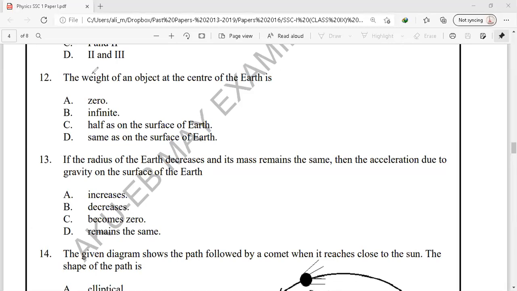The next question is question number 12, from our chapter number 5, Gravitation. The weight of an object at the center of the earth. We know that weight is equal to mg, where g is the gravitational acceleration, and this gravitational acceleration depends on the distance from the center of the earth.